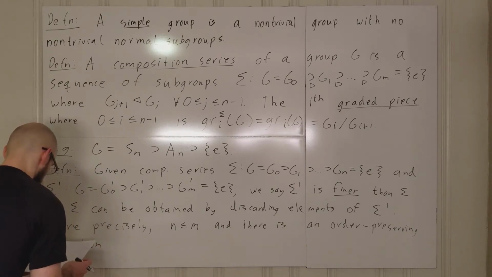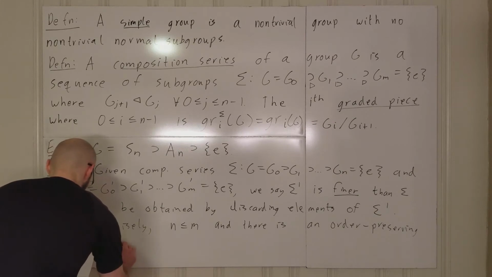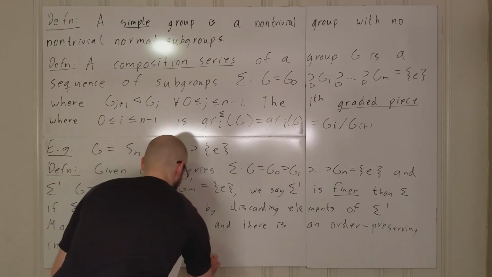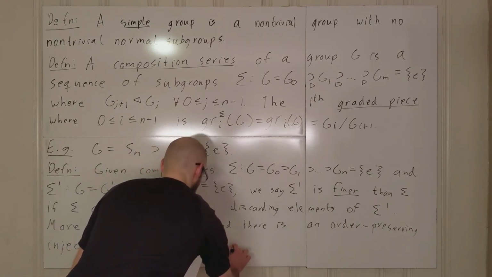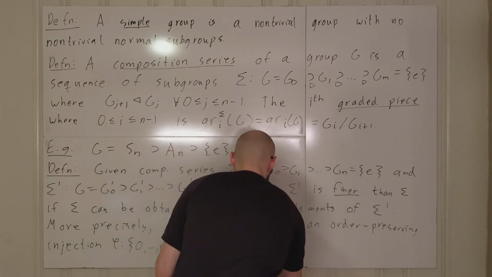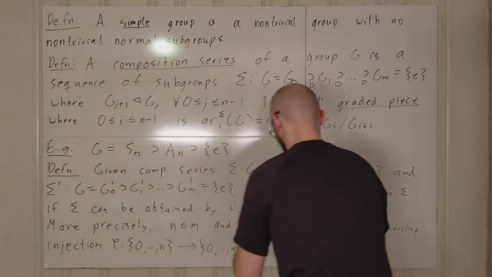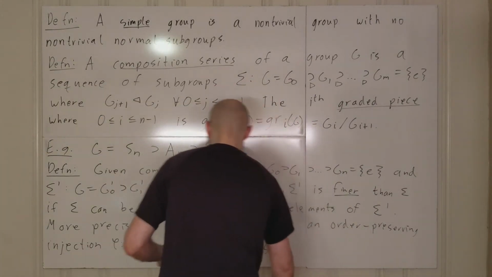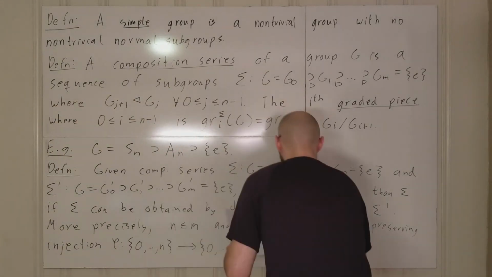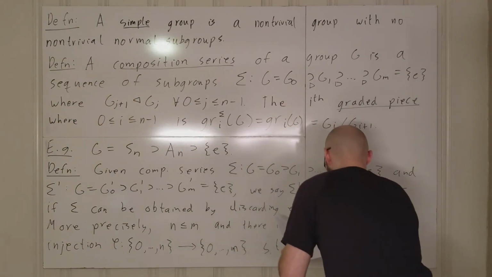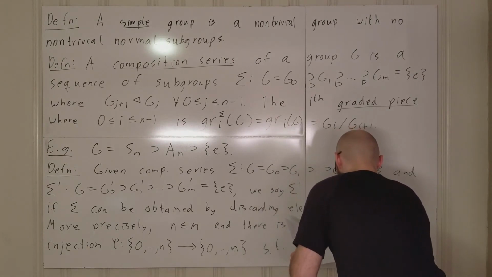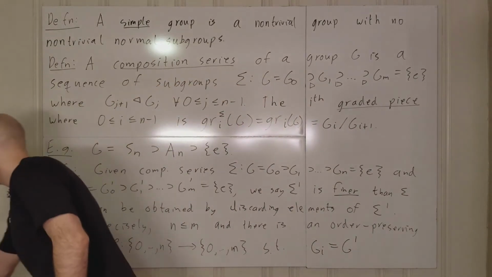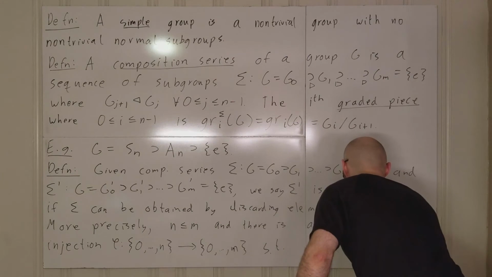So here this injection will go from, we'll call it phi, it'll go from 0 through n to 0 through m, such that G, no, that's not a G, that's a phi. So Gi is equal to G prime phi, no, this, it looks like an E in my notes because phis look like E's a little, but it's not. So phi of i.